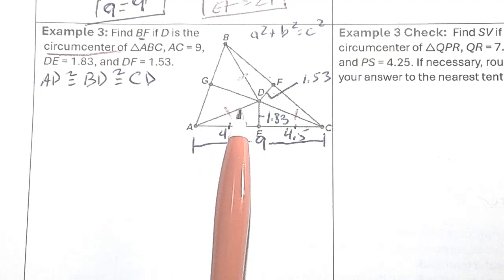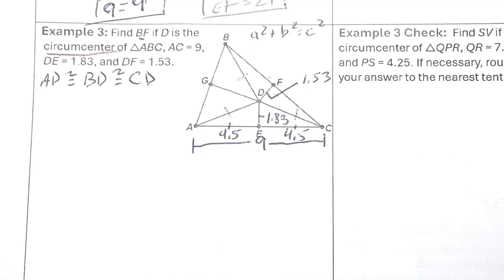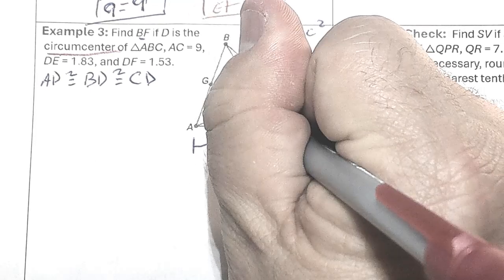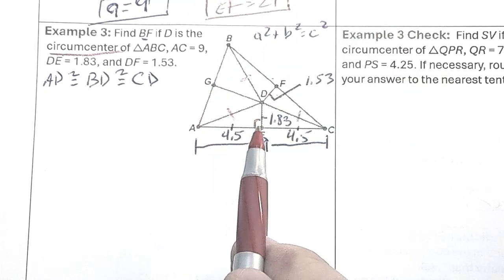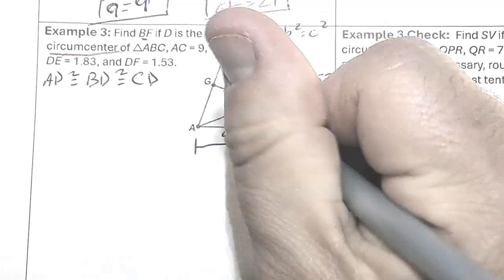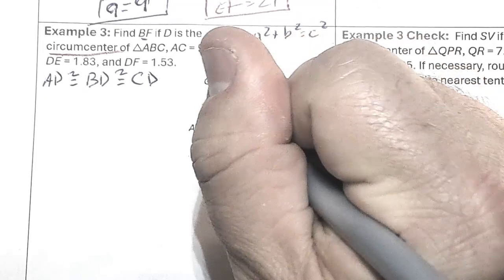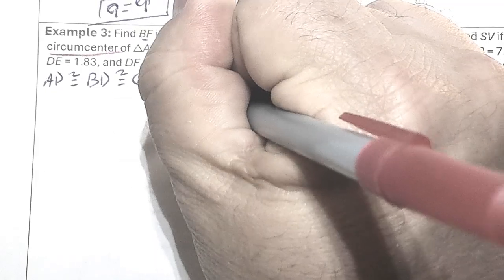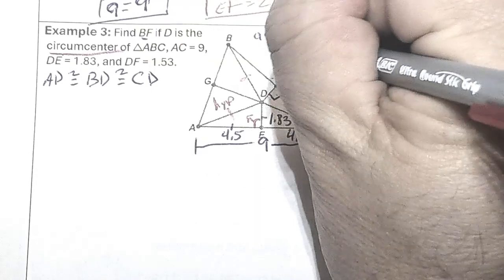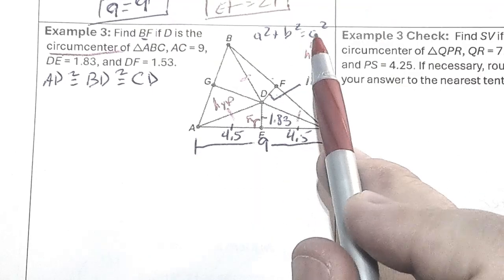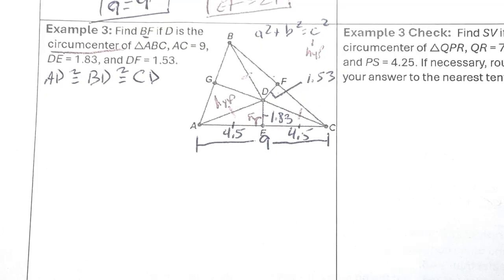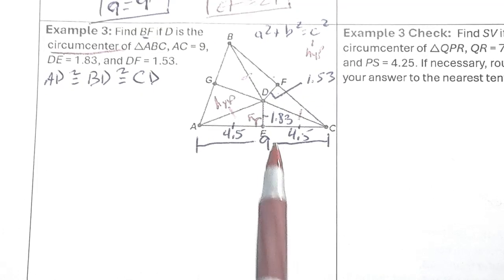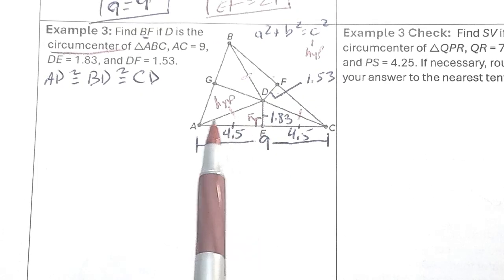We need the third. Keep in mind, perpendicular bisector means that this is a 90-degree angle. This line directly across from it is the hypotenuse, and the hypotenuse is the c, okay? So we're looking for the c squared. That means we're adding this squared plus this squared to get this guy.